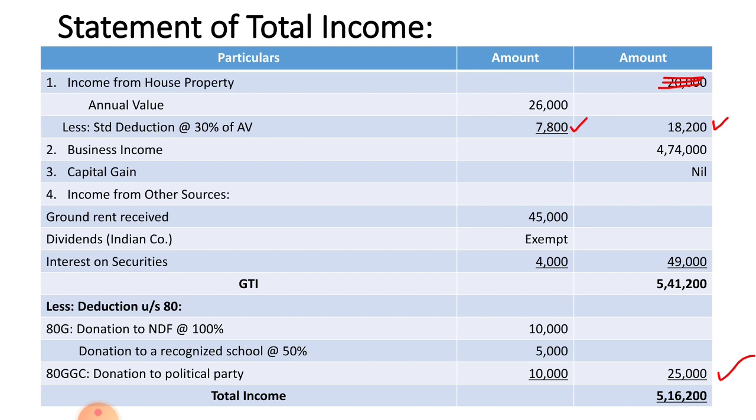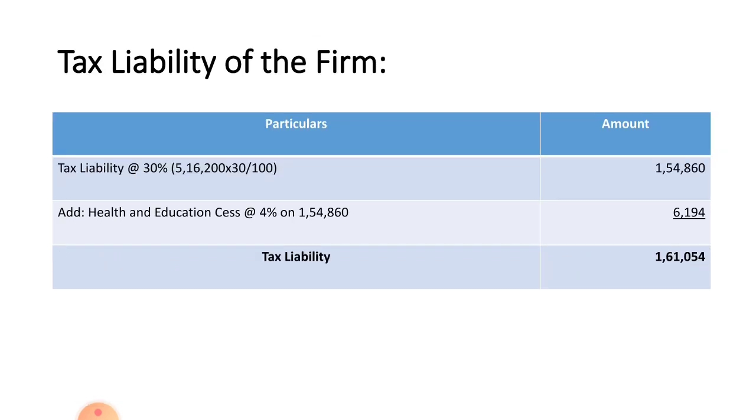After calculating the total income, you have to calculate tax liability of a firm. As I told you earlier, the tax percentage of a firm is 30%. It is fixed, not like your assessment of individual.